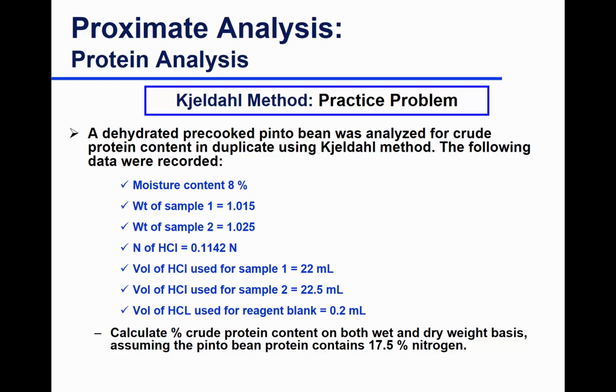For the first sample, I have 19.8. And then I have 20%. What did you use as your conversion factor? 5.7. Okay, so maybe you did some rounding there? Yeah. You rounded, so you divided 100 by 17.5?